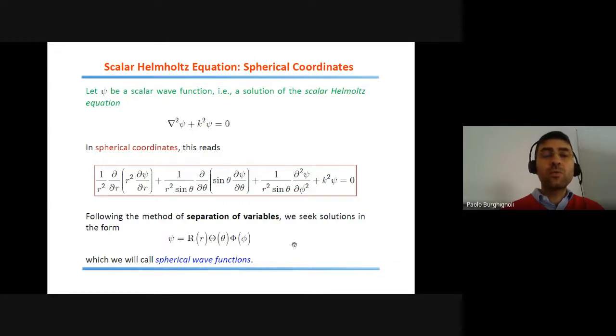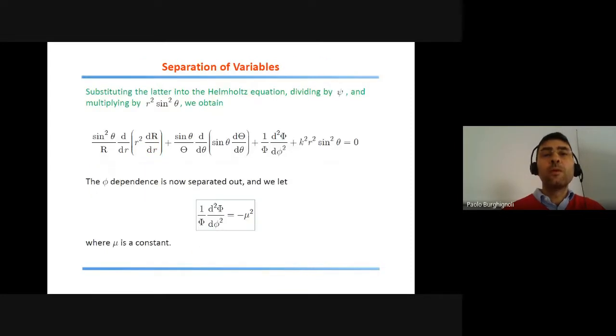We will call these the spherical wave functions obtained by separation of variables, and we will proceed in the usual way. So we plug this specific form for psi into the scalar Helmholtz equation.